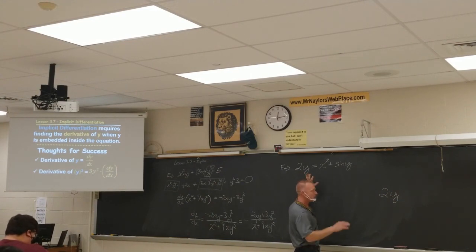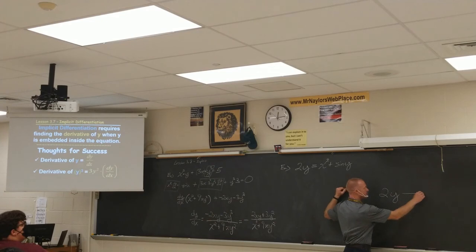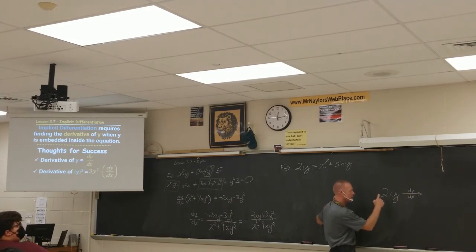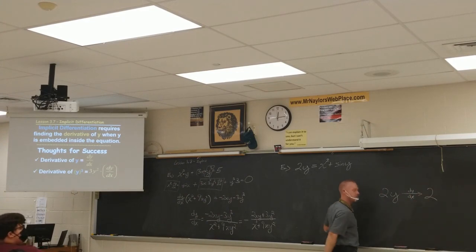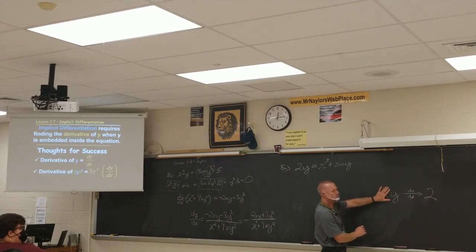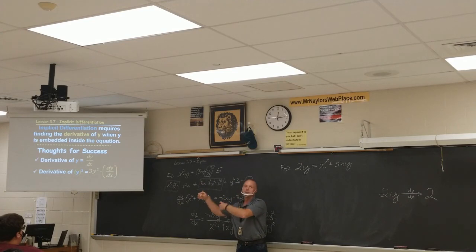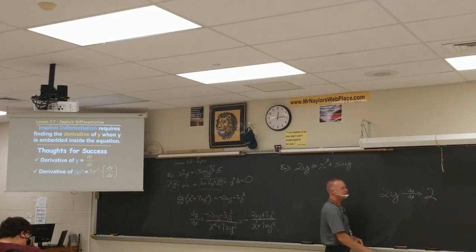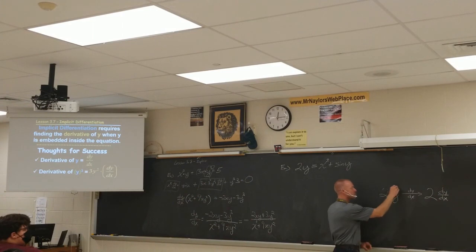Now, a lot of you got it correct, and just to be clear, the derivative of this can be thought of like, well, there's a coefficient. Every time there's a coefficient, it just comes along to the derivative. And then you're staring at this y, and the derivative of y is dy dx. But the reason is because it's to the first power.